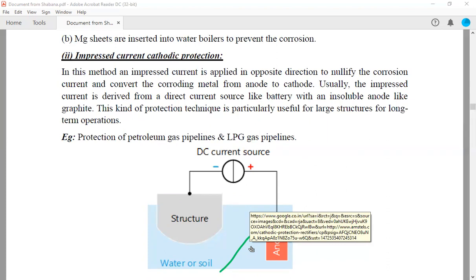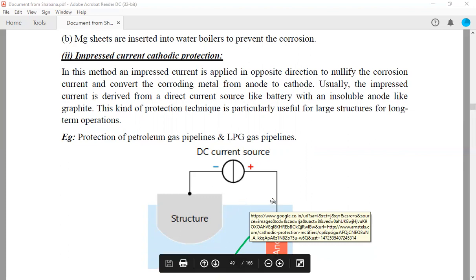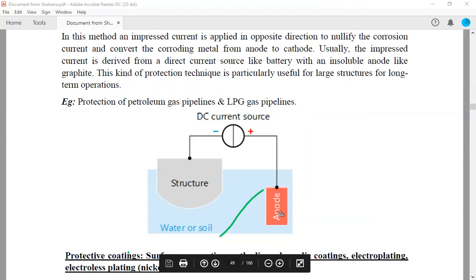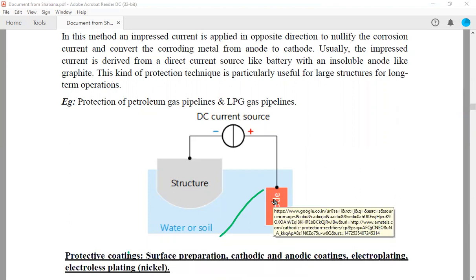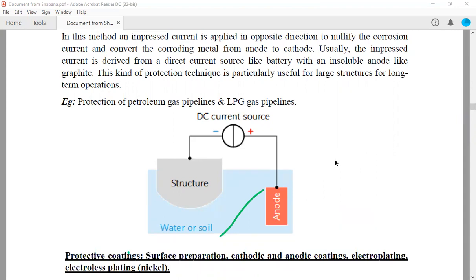The impressed current is taken from a battery, which is derived from direct current, or rectified AC, that is the applied current. The anode is usually an insoluble anode like graphite. The insoluble anode should be taken like graphite, high silica, scrap iron, stainless steel, or platinum.